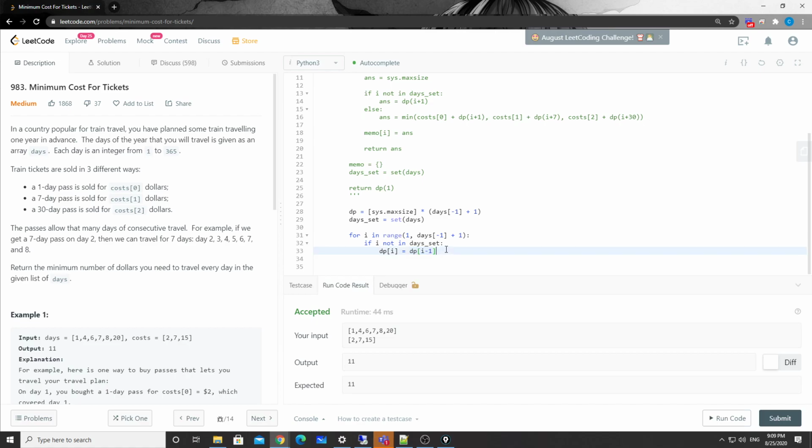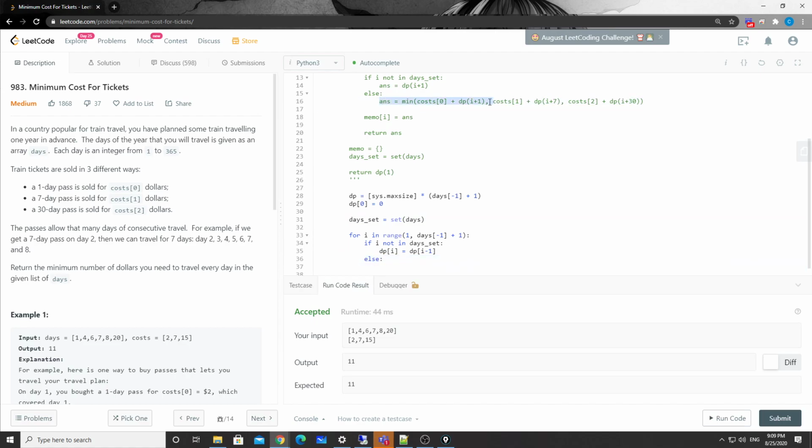And since we have a DPI minus one and we are starting from one here, we have to initialize DP0, otherwise everything will be an infinite number. DP0 means that at day zero, the cost will be zero. It means that we don't need to buy a ticket. At day zero, we don't travel.